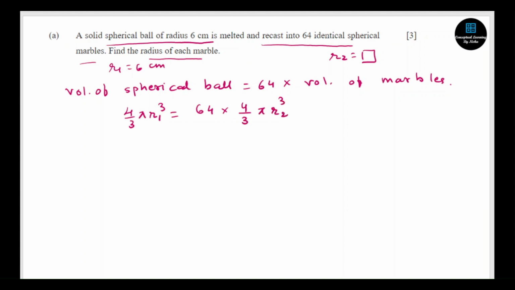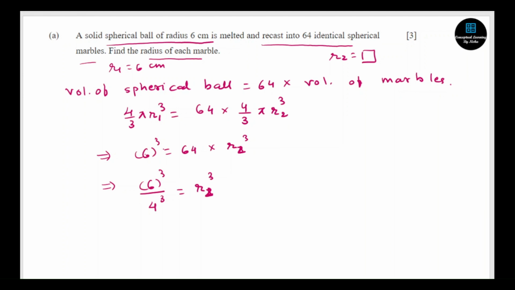Now we have to find the value of R2. I'll cancel out 4 upon 3 pi from both sides. So 6 cube equals 64 times R2 cube.